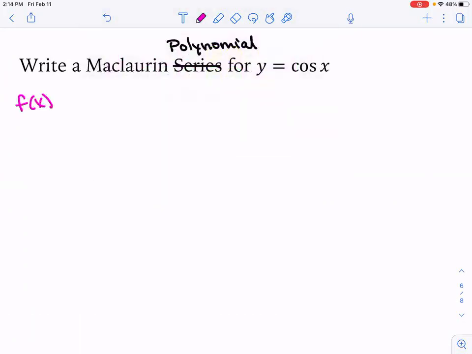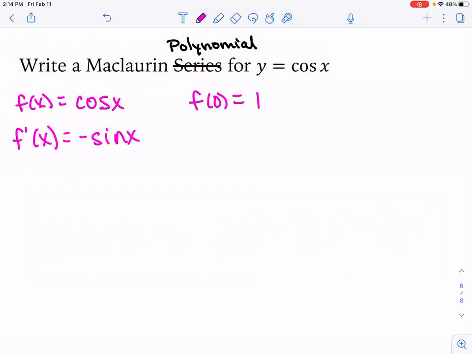Okay, our function is cosine of x. What's f of 0? Okay. Our derivative, negative sine x. Plug in 0.